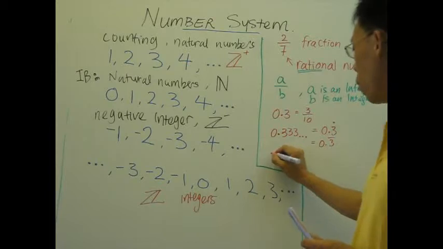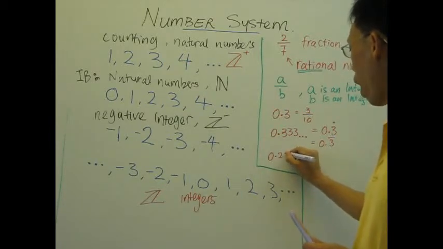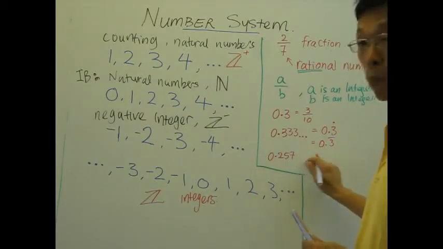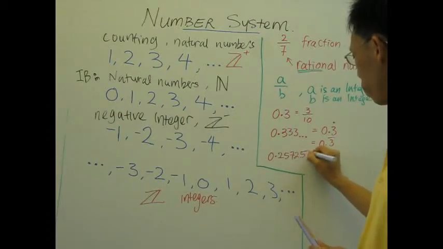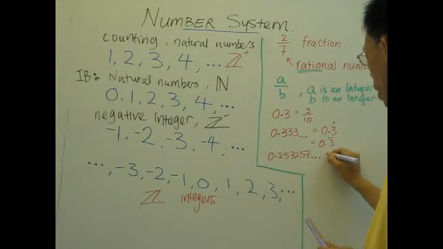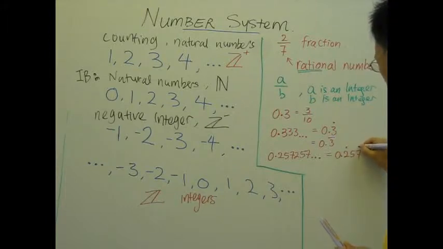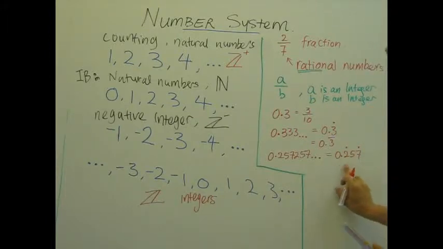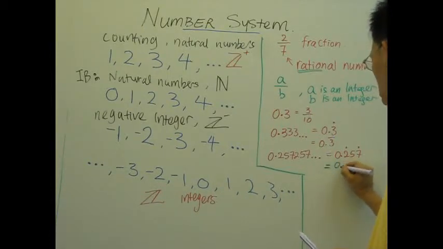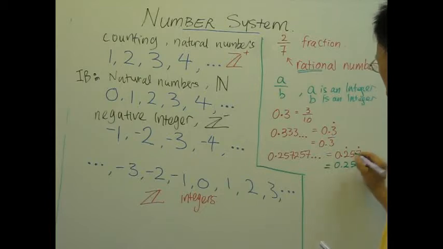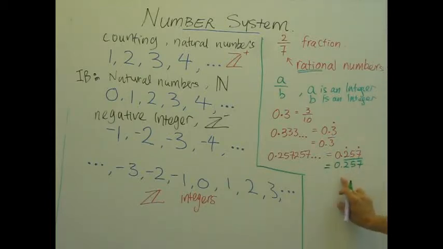The reason is that if you have something like 0.257 and 257 is repeated, for example, then for the Japanese system, with the dot system, you have to write 257 with 2 dots. This is where it starts and this is where it ends. Or better still, write it as 0.257 with a bar on top. It means that 257 is the number that repeats indefinitely afterward.